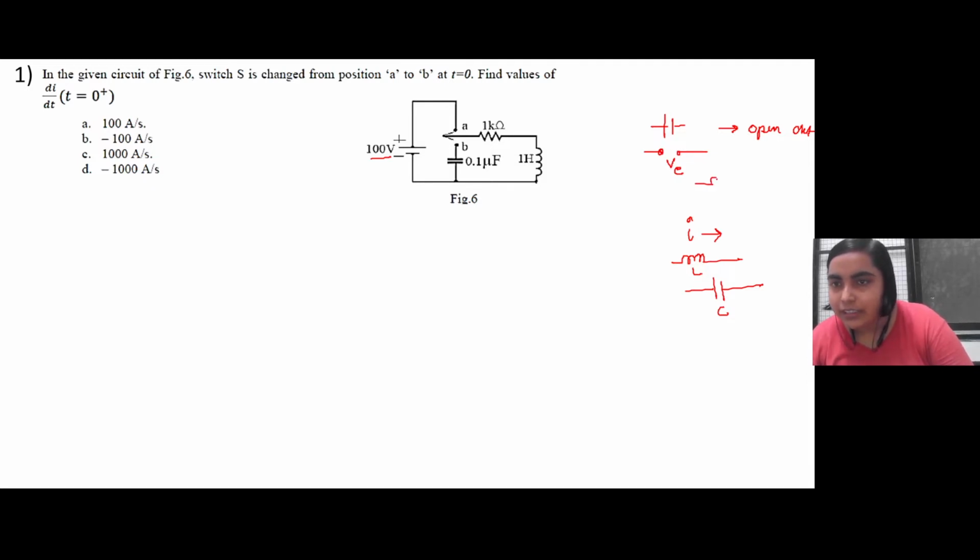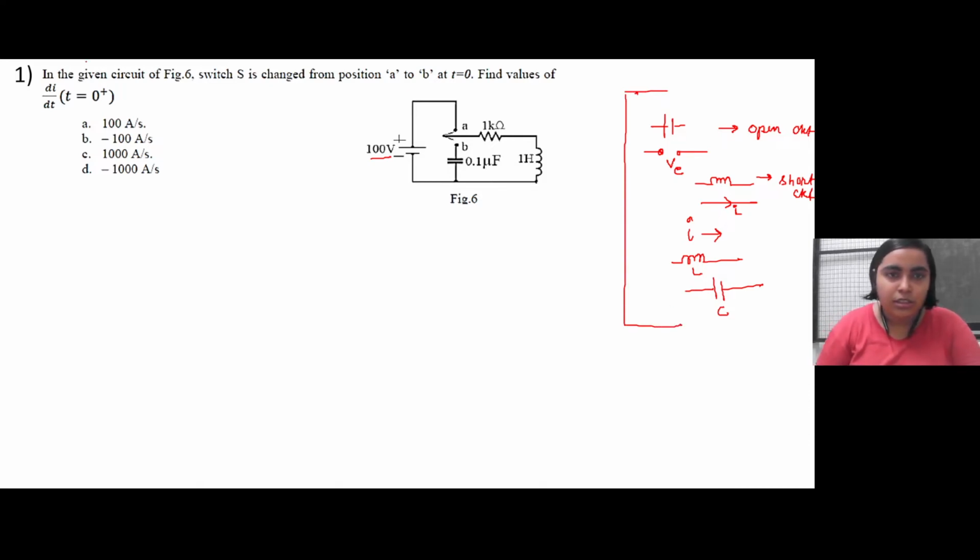Whereas an inductor under steady state, when it is connected to a DC source, acts as a short circuit. So a current will be flowing and it will act as a short circuit. These are the few things you need to know before solving any other problem.